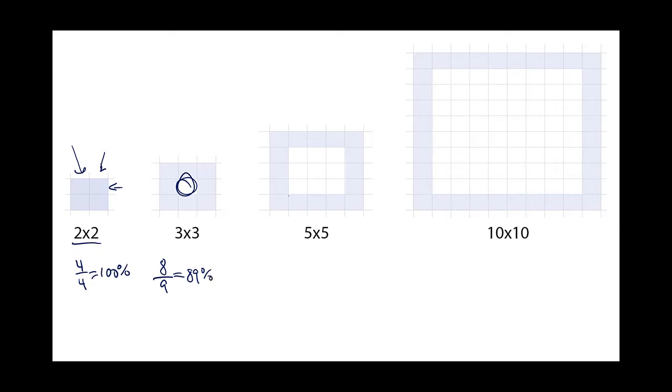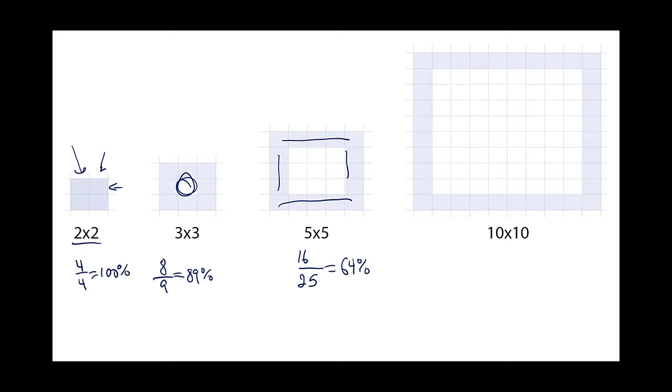If we have a 5 by 5 box, there's 25 overall. There's 5, 10, 13, 16 on the perimeter. So 16 out of 25, which comes out to 64% available.